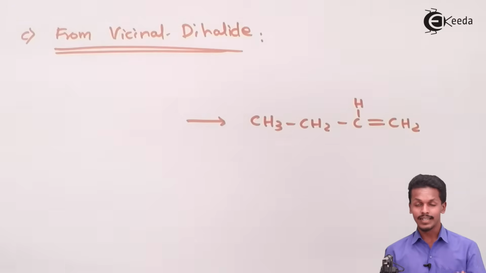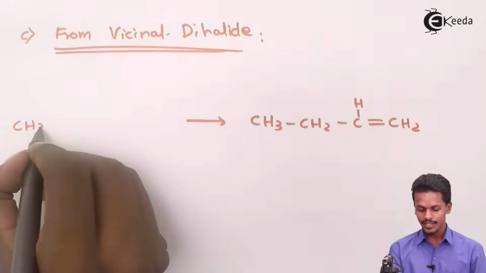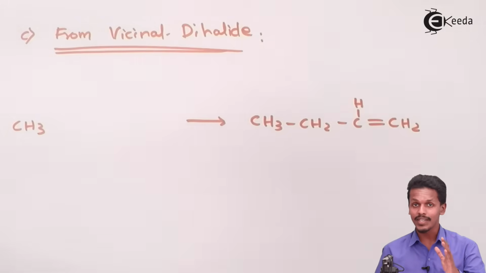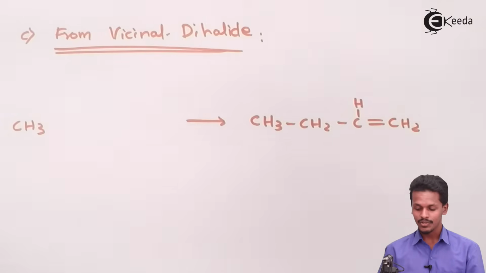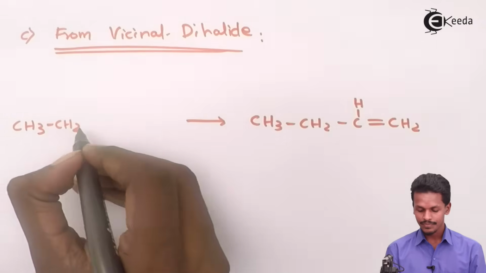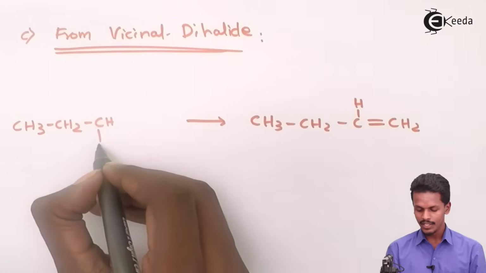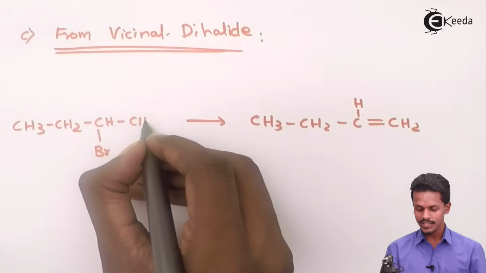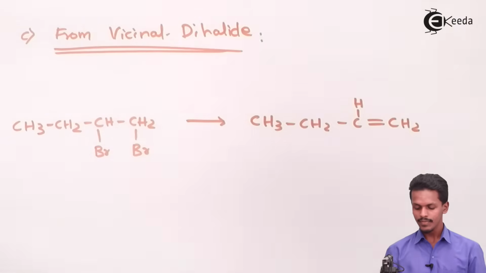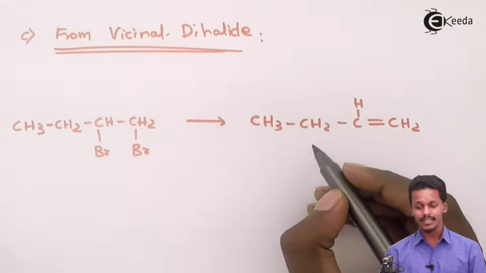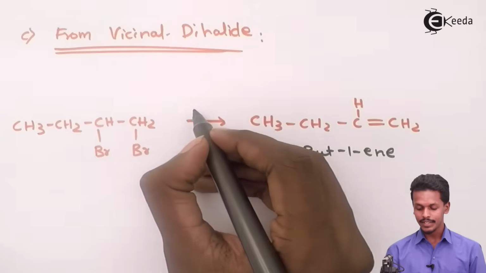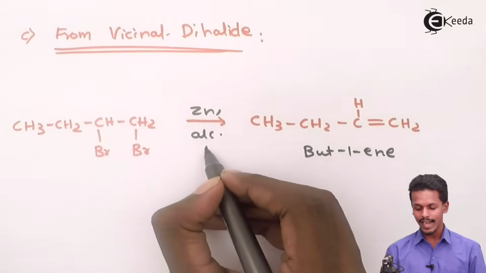So I could write it in this manner, that is CH3, and we should be assured that the two halogen atoms are at adjacent carbon atoms and not far apart. So therefore CH2, CH, here I could consider any one of the halogen atoms, so this would be Br, and again this would be CH2Br. If I want to convert this dihalide to an alkene, basically but-1-ene, I have to use zinc in alcoholic conditions, and I have to heat it.